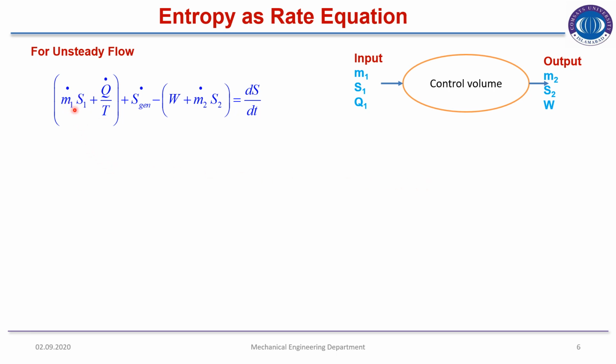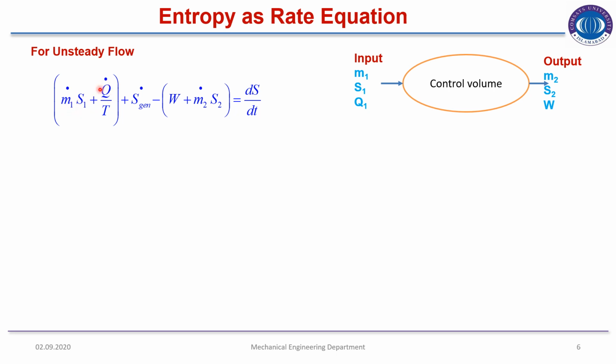So here, similarly, the unit of entropy is joule per Kelvin. When we multiply that with mass flow rate, which is kg per second, its unit is joule per Kelvin.